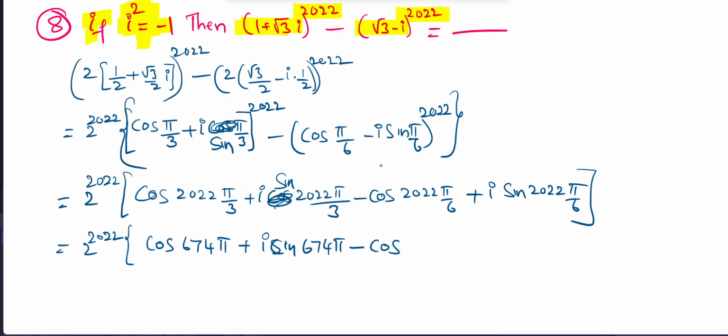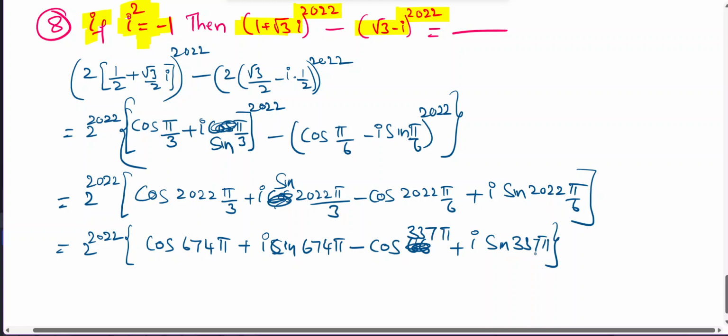This is written as cos: 6 3s are 18, 6 3s are 18, so this is 337 pi plus i into sin 337 pi. So dividing by 6, we get 337.